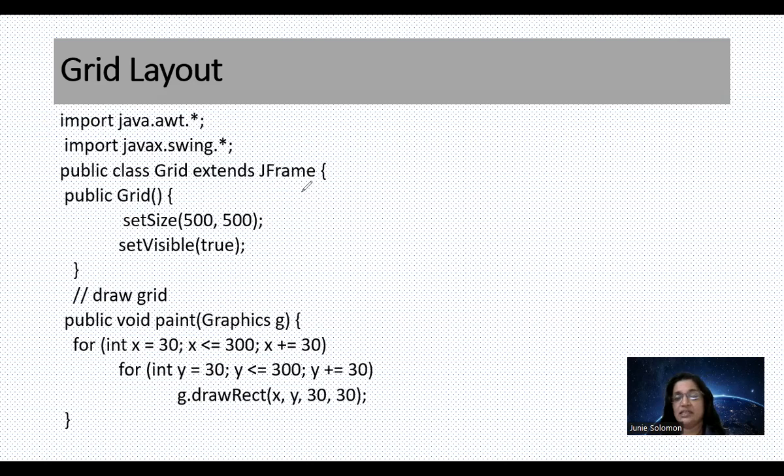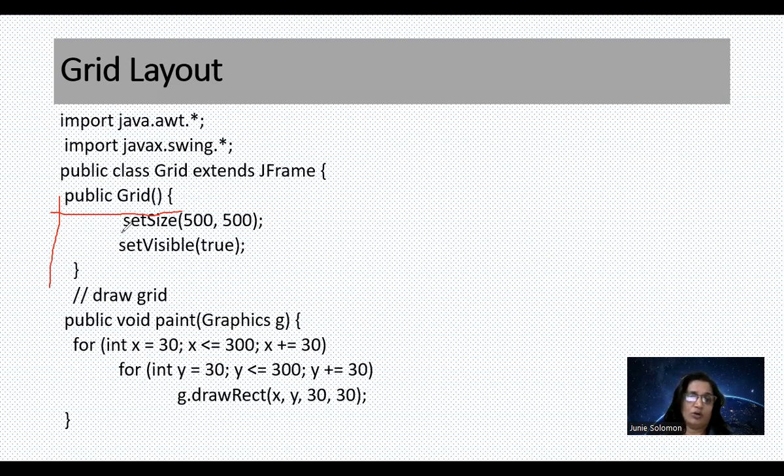That is necessary. There you have to create an object, and that object will invoke the constructor. So for a JFrame, it is good to write a constructor. You write a public constructor so that when you create an object, it will be triggered.